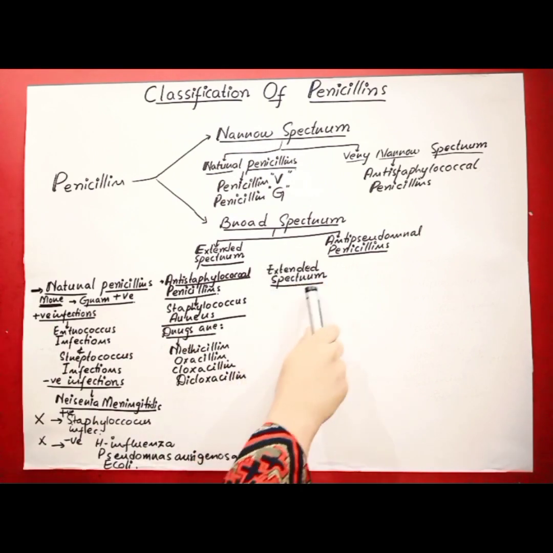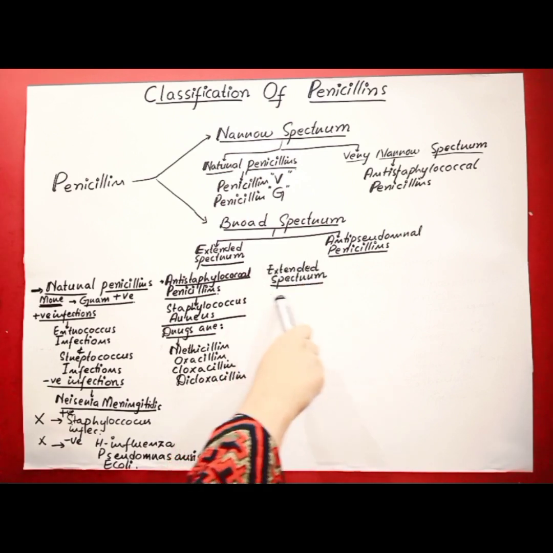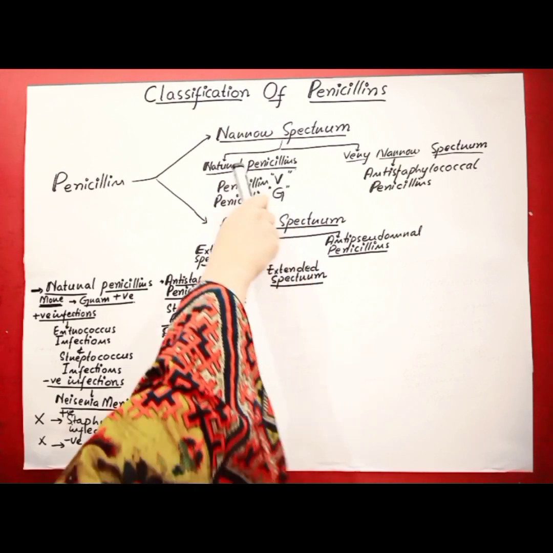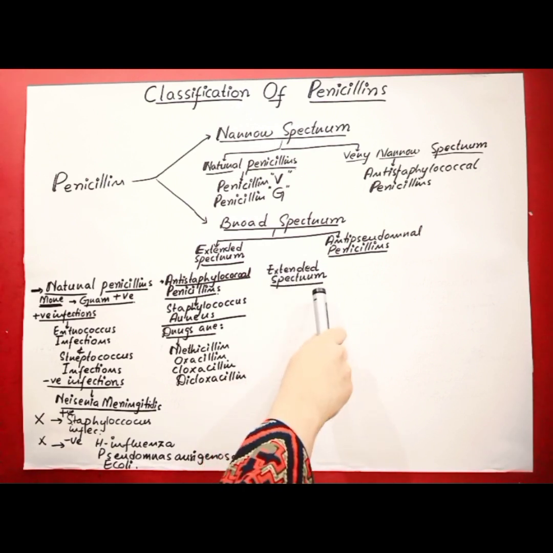These extended spectrum antibiotics have an antibacterial spectrum similar to that of penicillin G, meaning natural penicillins, but we call them extended spectrum because they are more effective against most of the gram-negative bacteria.